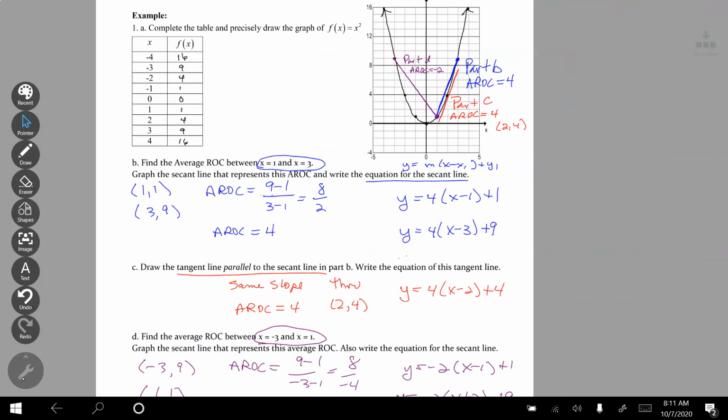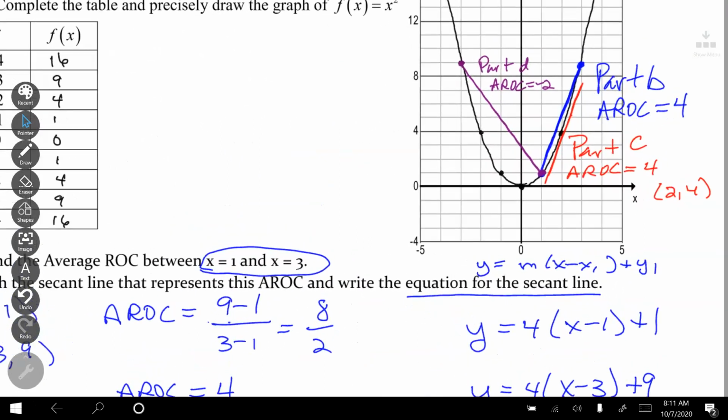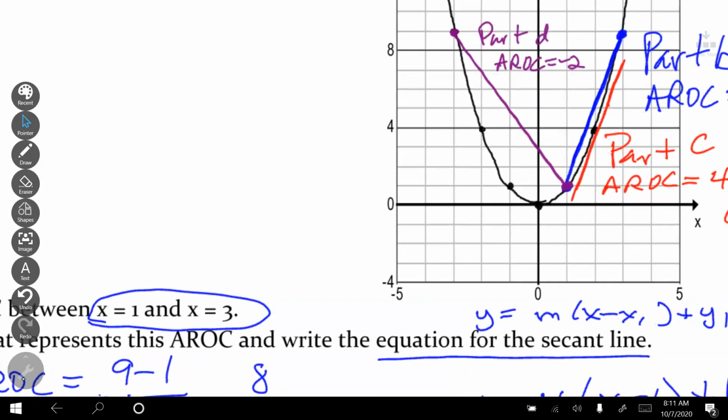So I go back to the graph. I'm going to draw parallel, so I can show you in class. I take my ruler and just slide it parallel. And this is part E. The average rate of change is still -2.